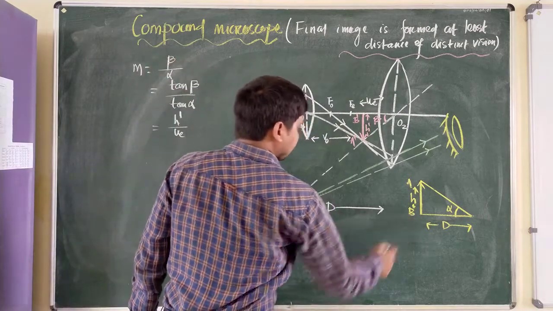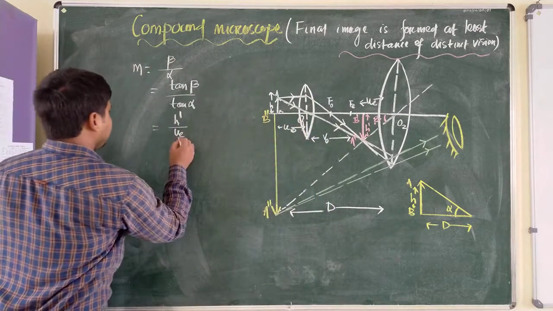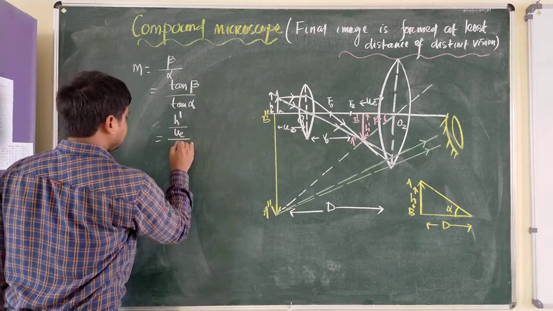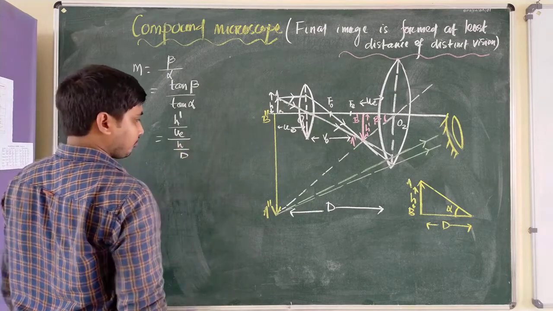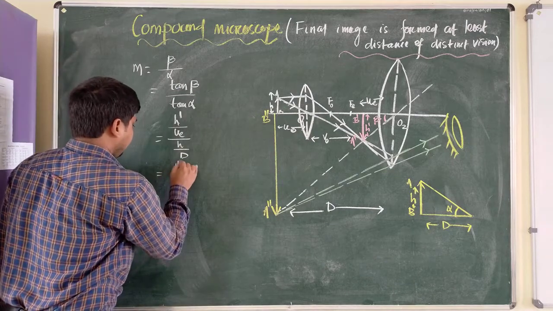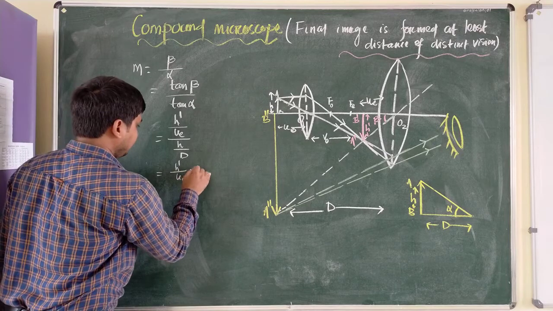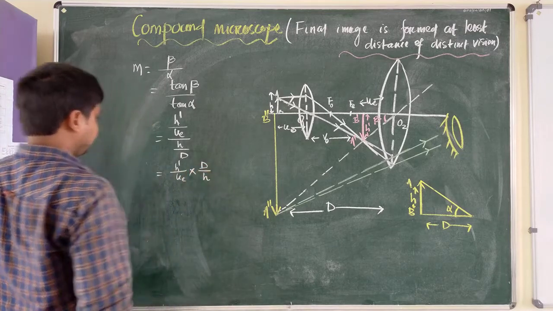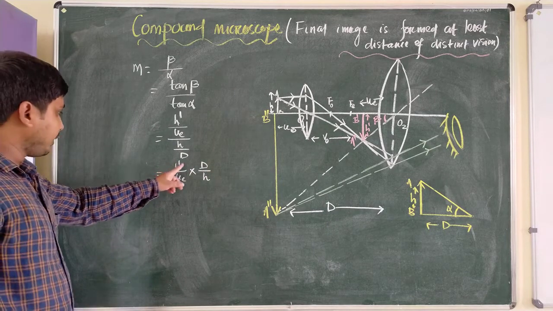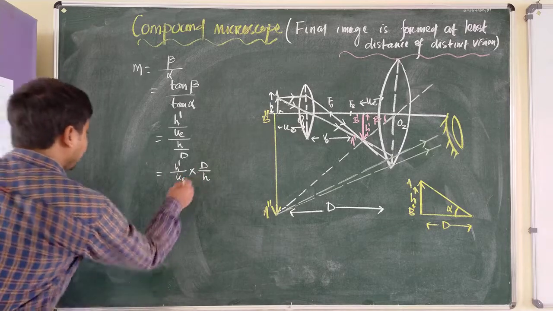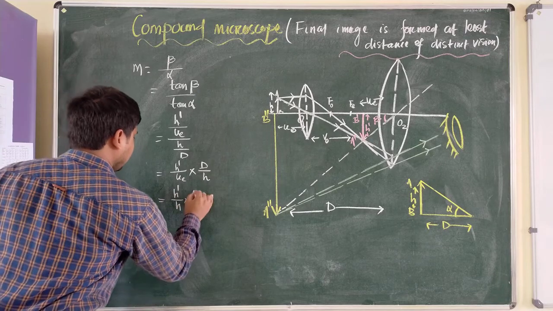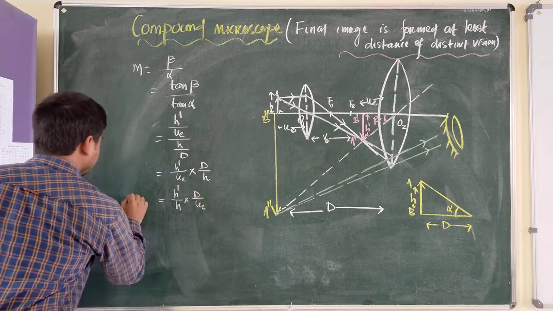And in the other triangle, tan alpha is H by D. So this can be written as H prime by UE into D by H. On simplification, you can see that the magnification is H prime by UE into D by H, which can be written as H prime by H into D by UE.